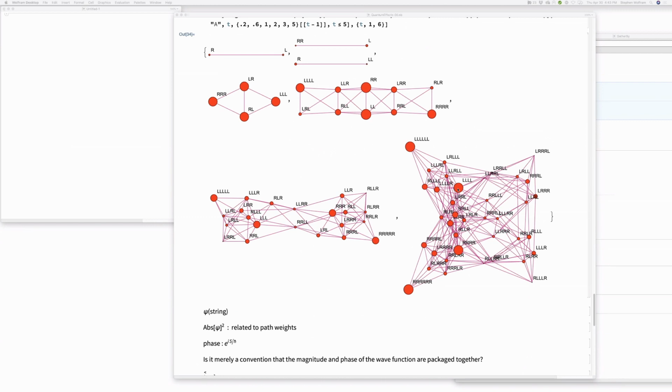Well, hold on. The causal graph doesn't depend on the foliations, but going back from the causal graph to the successive steps in the multi-way graph, aka these branchial graphs, is something foliation dependent. Hang on. I completely don't understand. So the foliation of the causal graph does matter if you don't have causal invariance.